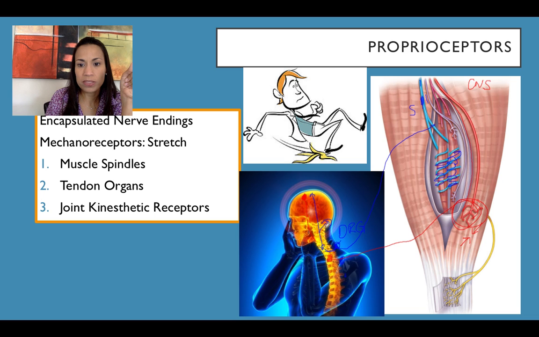And remember, it receives feedback from the cerebellum, so it goes down to the spinal cord segment where the neurons that innervate that muscle are located, and delivers the order for contraction. That's how the proprioceptors work.